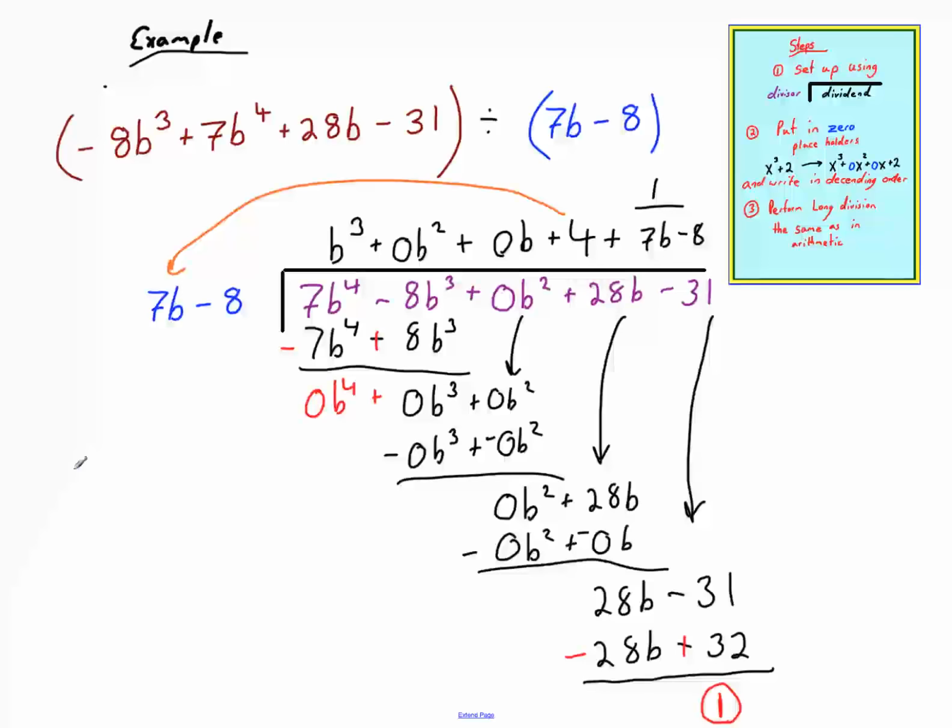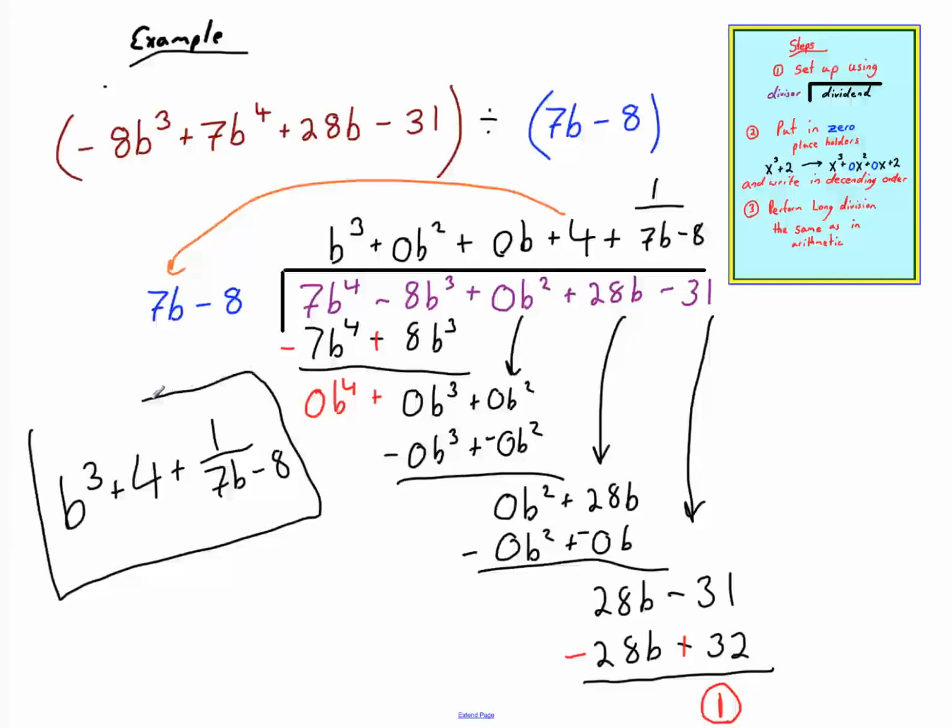So my final answer here is b cubed plus 4 plus 1 over 7b minus 8. And this is my full answer.